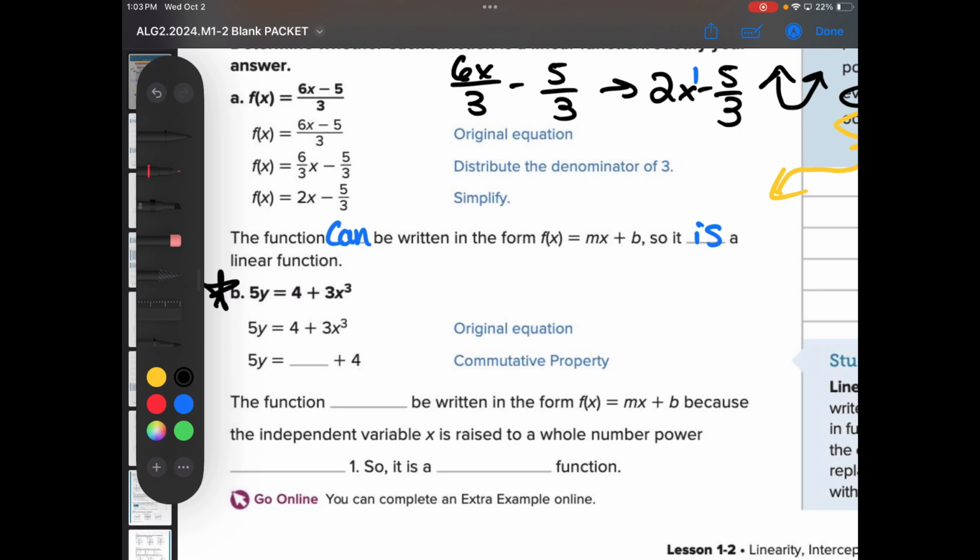So just rewriting it, we're trying to get it in slope-intercept form. We have this when we rewrite it, okay? So since our x is to a power that's not 1, the function cannot be written in the slope-intercept form, because the independent variable x is raised to the whole number power greater than 1.